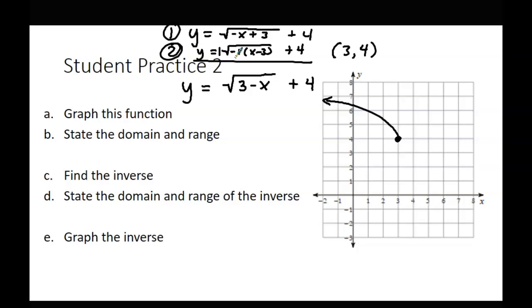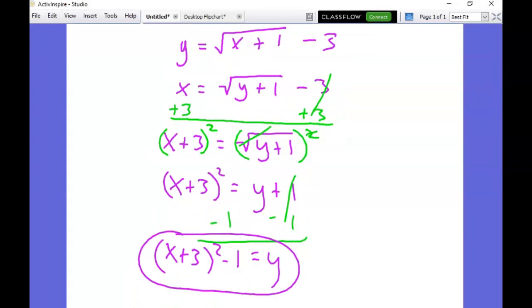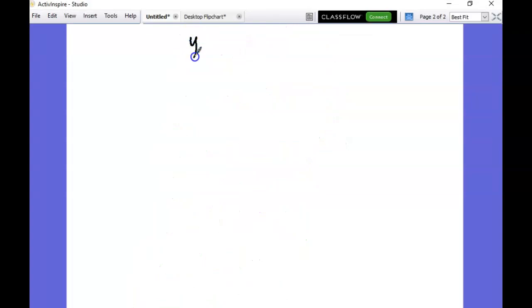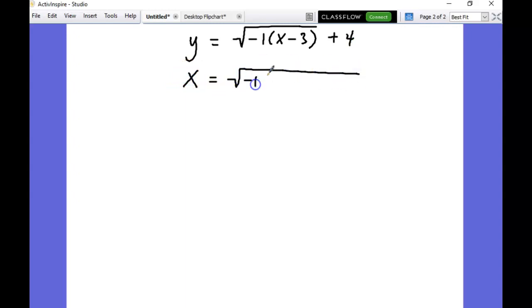Now, Amanda, if I wanted to start getting this thing solved for by itself, what would be the first thing I need to do? I forgot the number here, you guys. What was it? 3. Plus 4? Yeah. So if I want to start finding the inverse, what would I do? Move the 4 over. Oh, actually, I forgot to switch my x and y. Let me do that first.